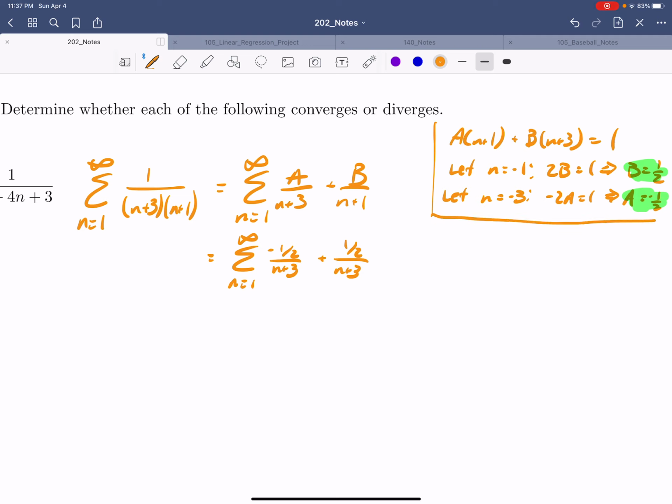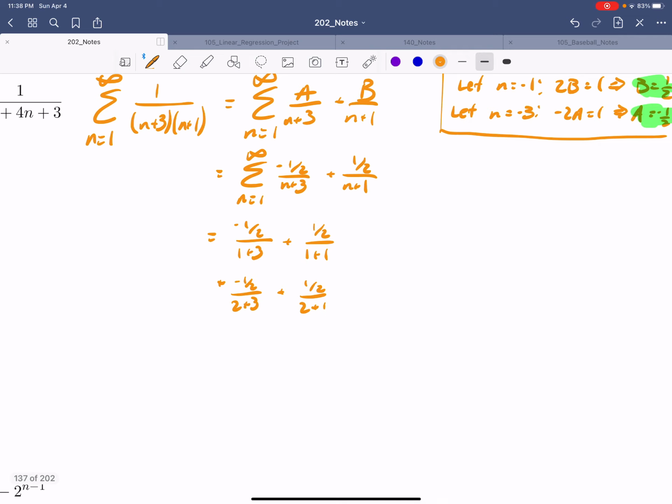Now, let's see where this takes us. If we start telescoping, if we start writing out the first couple of terms, we plug in n equals 1 and we get negative 1 half over 1 plus 3 plus 1 half over 1 plus 1, plus negative 1 half over 2 plus 3 plus 1 half over 2 plus 1.